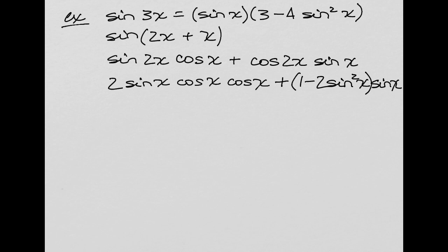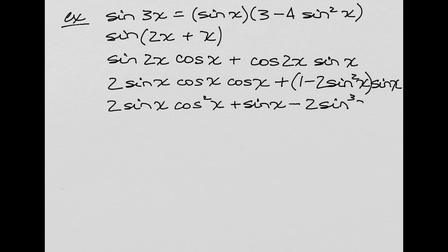All right, well, there's some simplifying we can do here. I got 2 sine x, this is cosine squared x, and we can distribute, plus sine x minus, let's see, sine squared times another sine is, we got 2 sine cubed x.